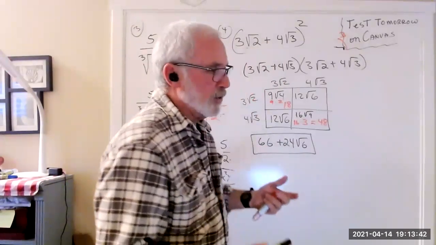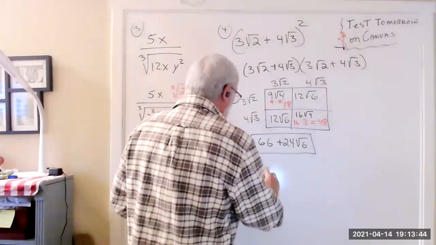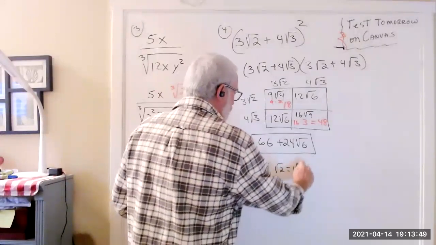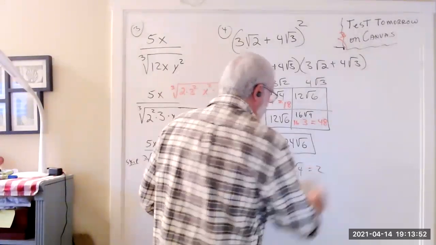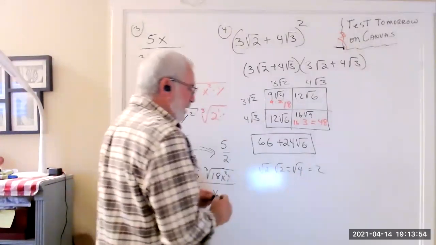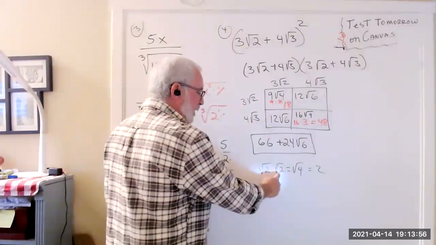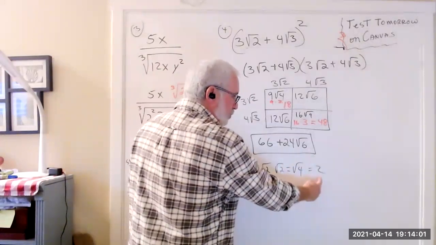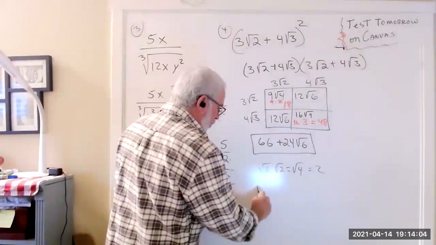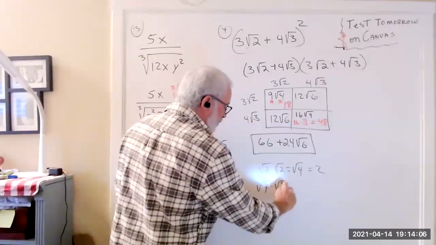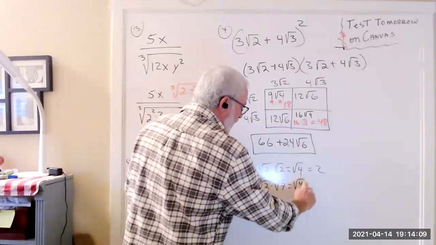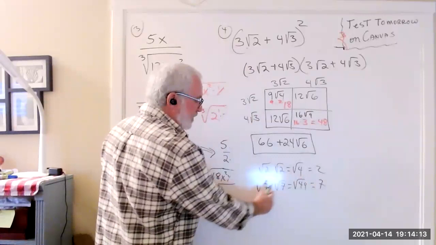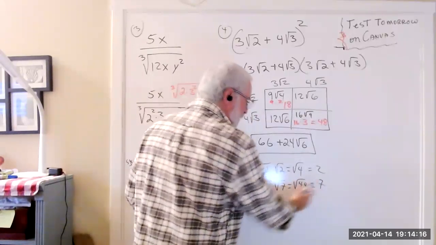Look, here's what I do, and this may help people. I know that square root of 2 times square root of 2 is square root of 4, which reduces to 2. Radical 2 times radical 2 eventually becomes normal 2. Radical 7 times radical 7 is radical 49, which becomes 7.